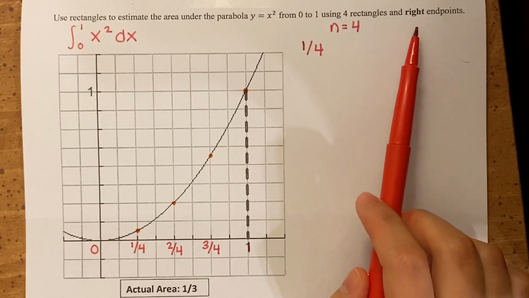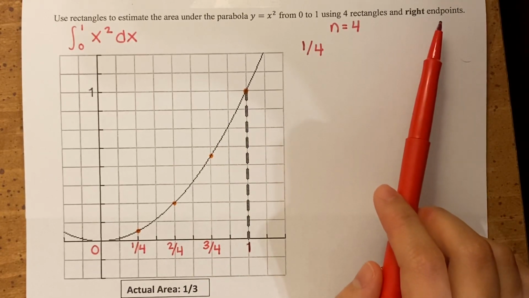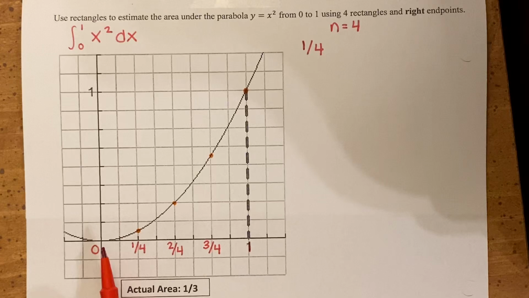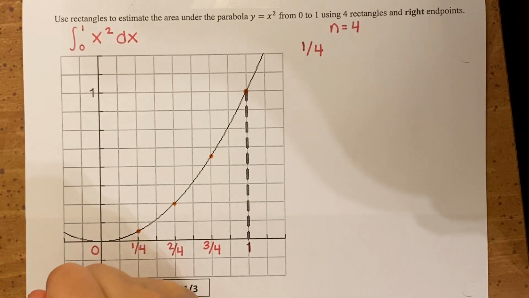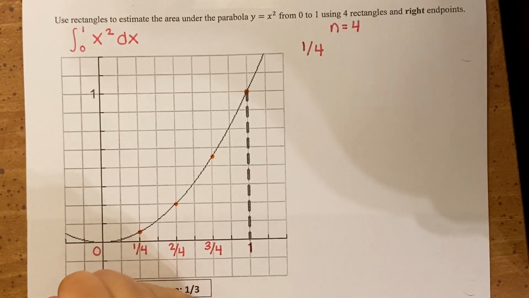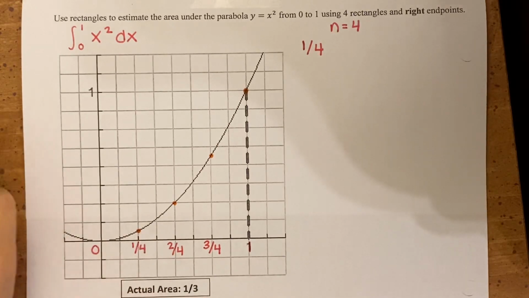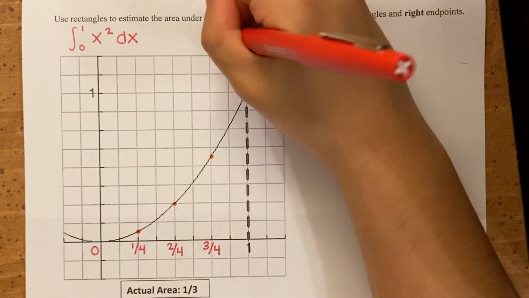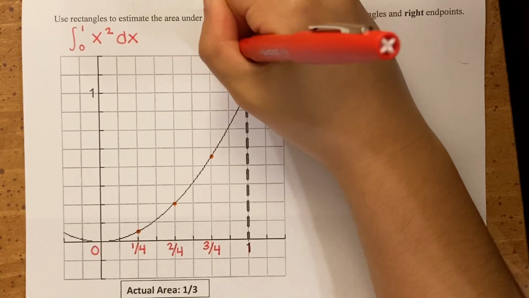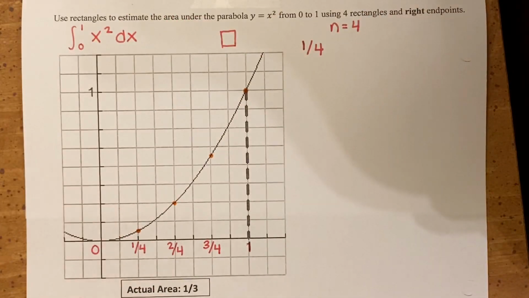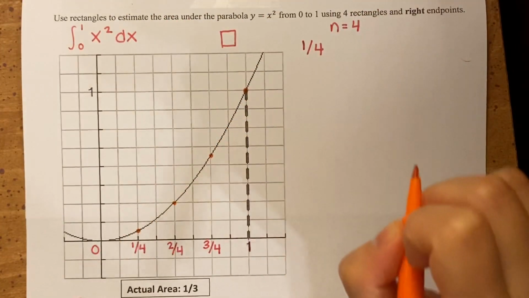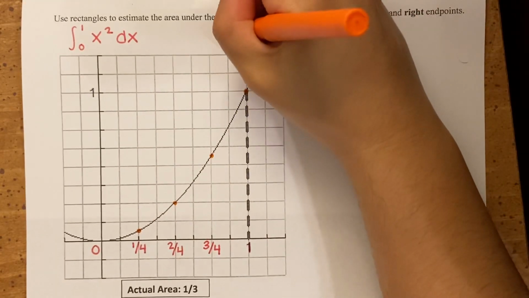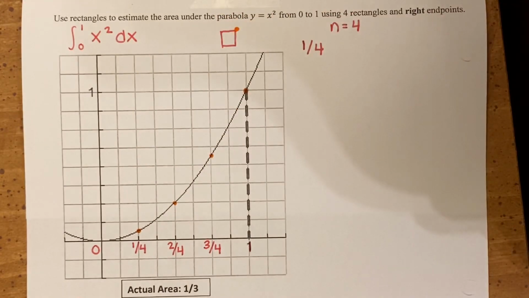Because I want to use right endpoints, when I draw my rectangle, I want my dot to be on the right corner.